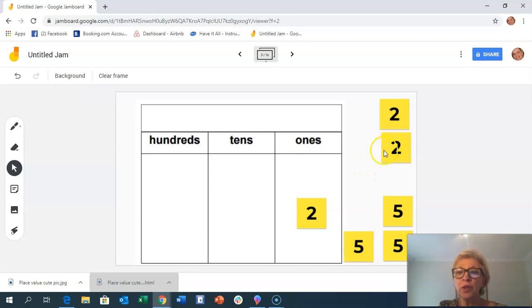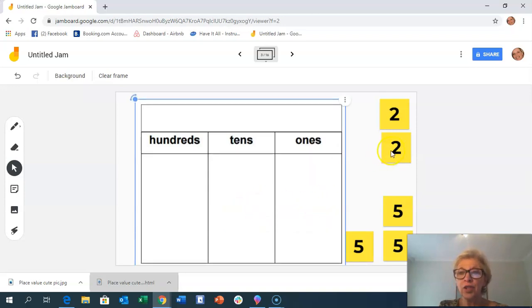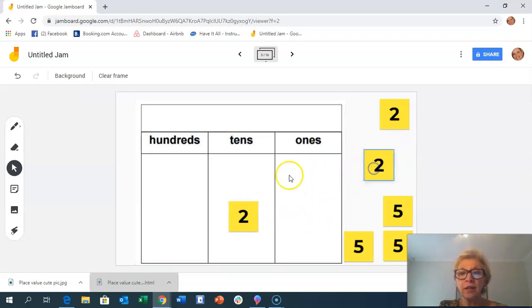But if you put the 2 into the tens column, now that 2 represents 20. Big stuff now, not just a little old 2 anymore. This 2 now, its value has really gone up 10 times because it's in the tens column. So its value there is 20.